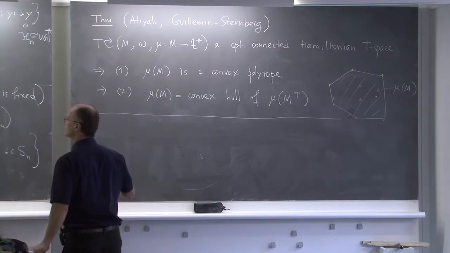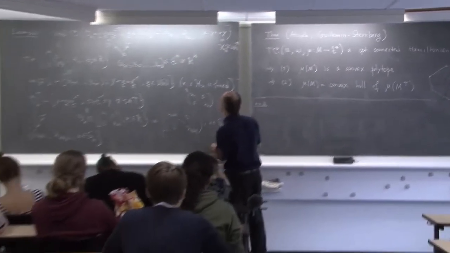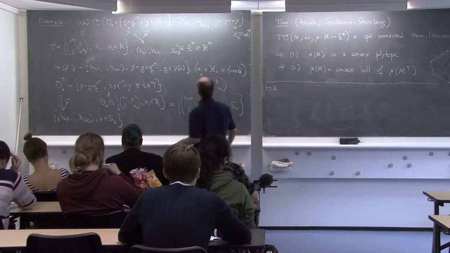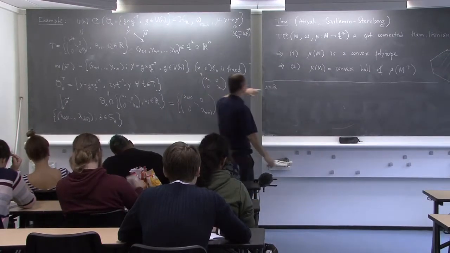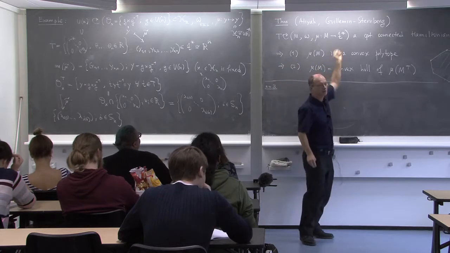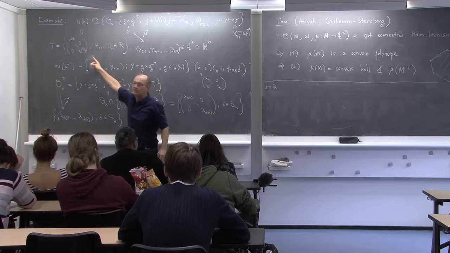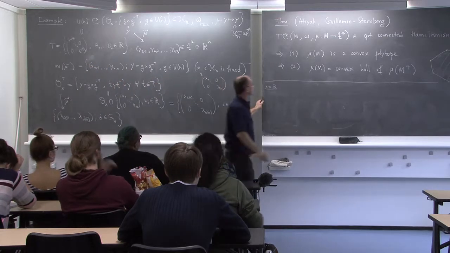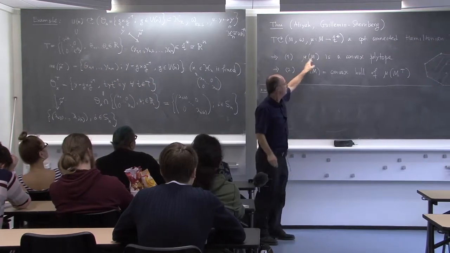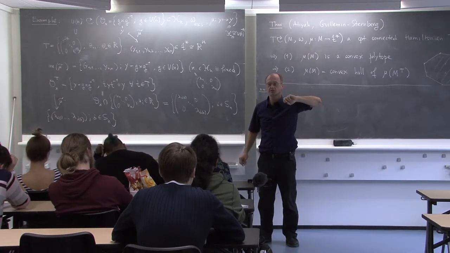In fact, this is one of the examples where, even though our torus is of dimension 3, and in general of dimension n, the image mu of M will always be of a smaller dimension. So why is that?